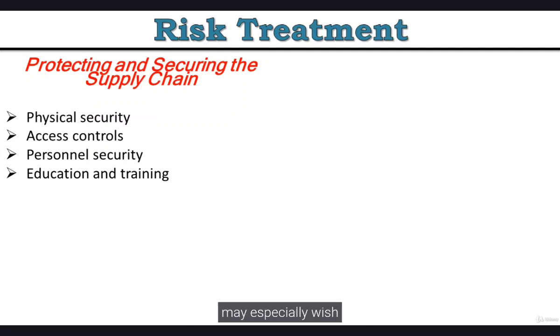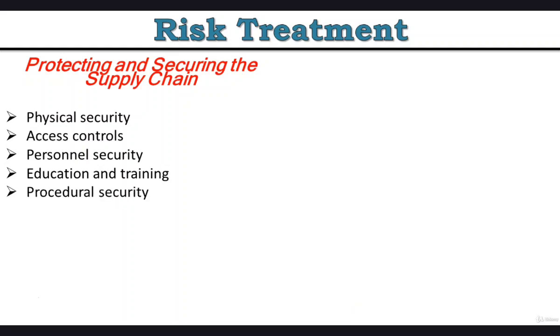Enterprises and their partners may especially wish to ensure employees in shipping and receiving understand proper supply chain security measures. Education and training should also include documented procedure for employees to report security incidents or suspicious behavior.